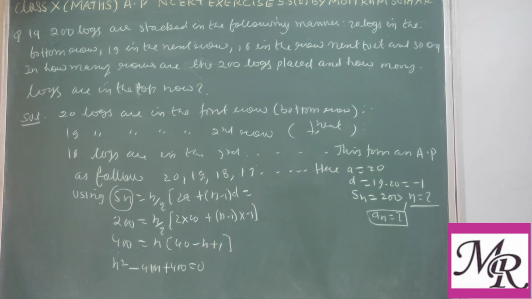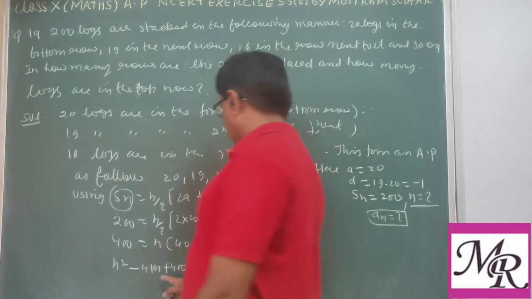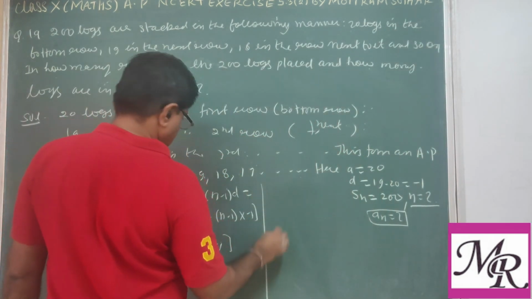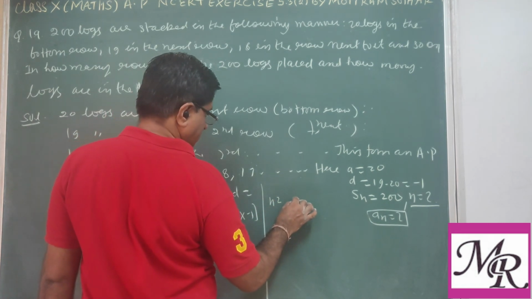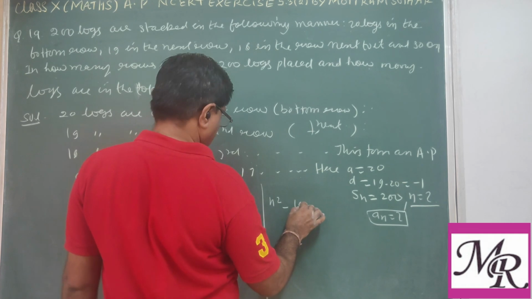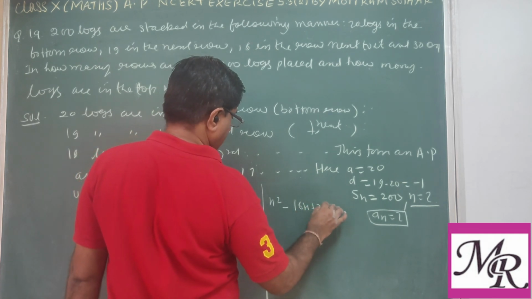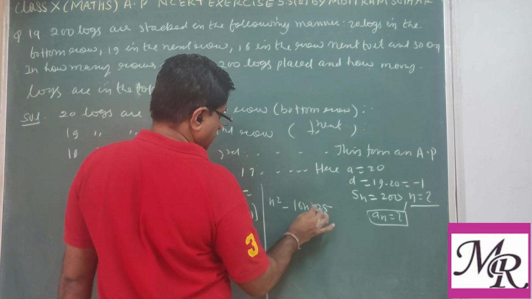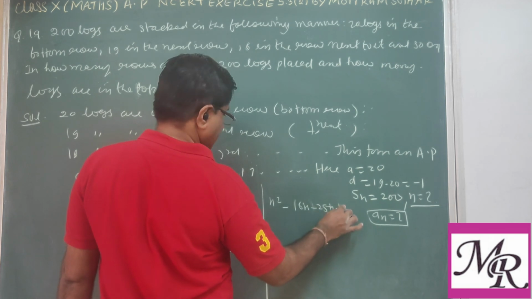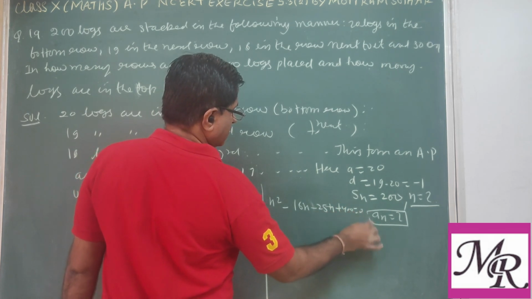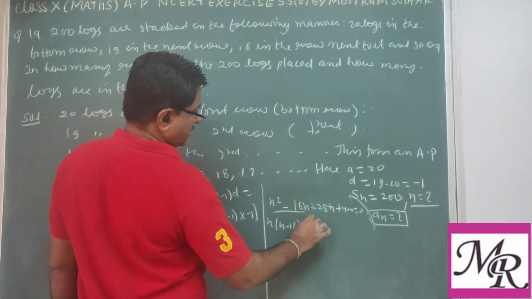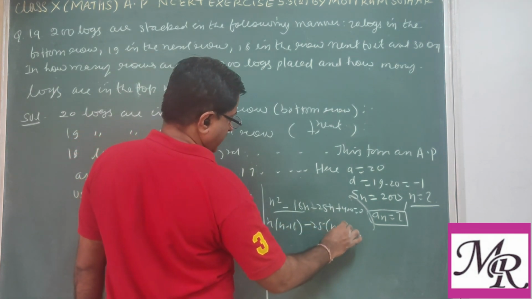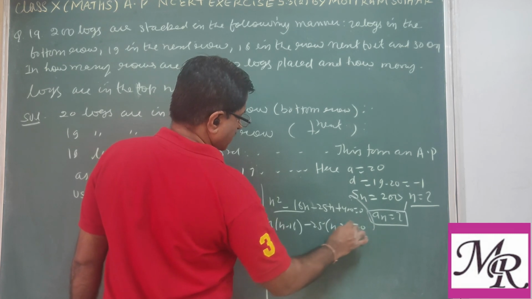We can solve this equation by splitting the middle term. So n square minus 16n minus 25n plus 400 equal to 0. n you can take common: n into (n minus 16), minus 25 into (n minus 16) equal to 0.